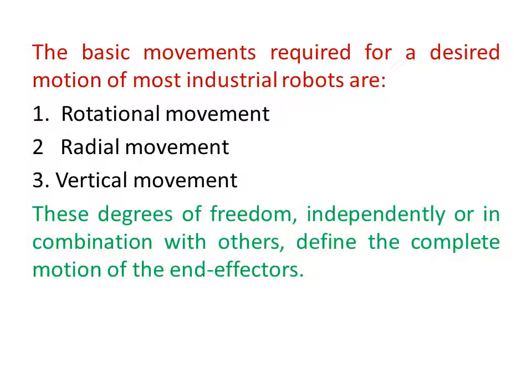If you draw the trajectory of your end effector, it will be in 3D space, because the robot is moving horizontally, radially, and vertically. It will be a combination of these three movements, some sort of spatial mechanism. These degrees of freedom in the robot, independently or in combination with others, define the complete motion of the end effector.